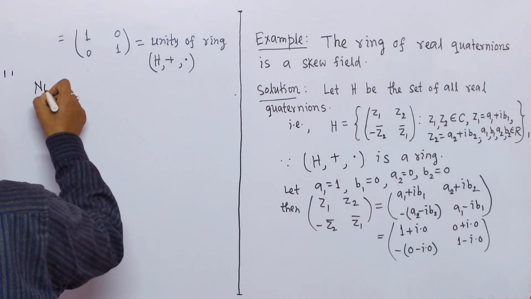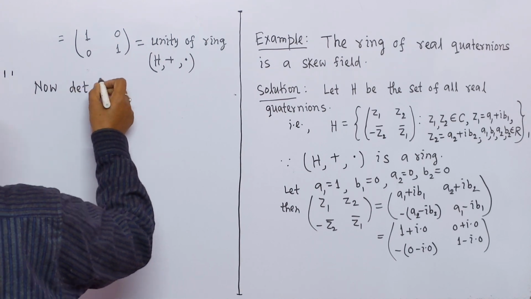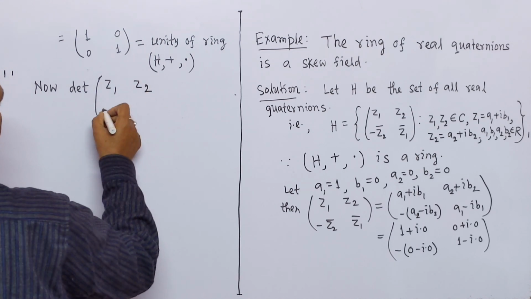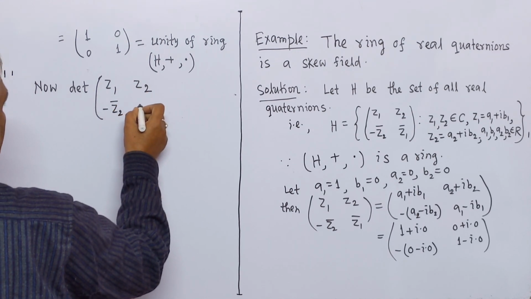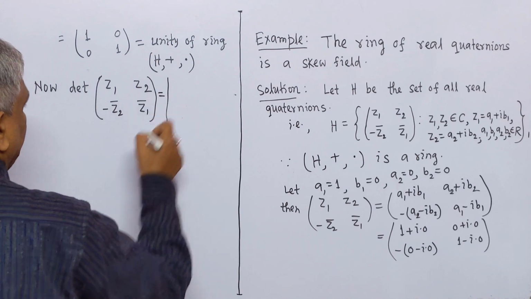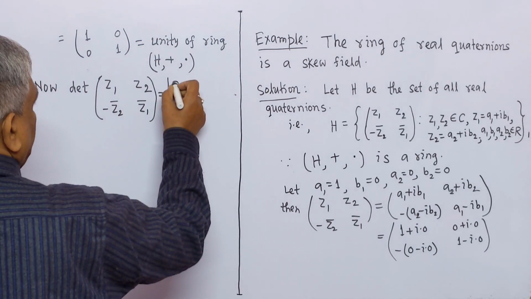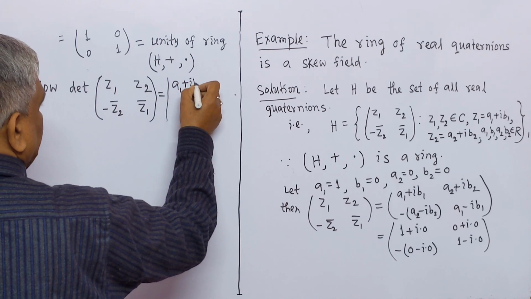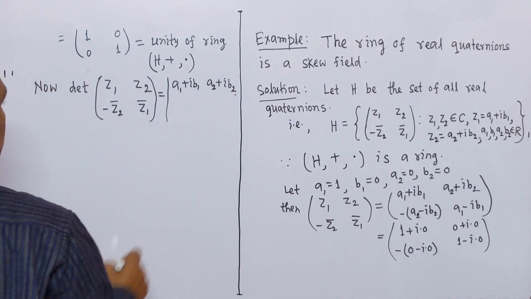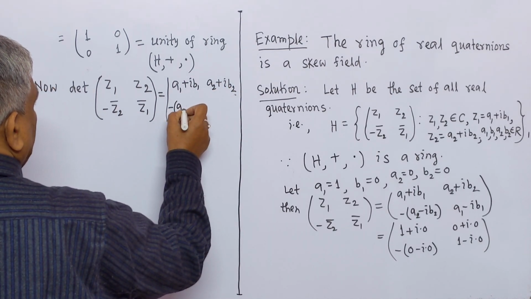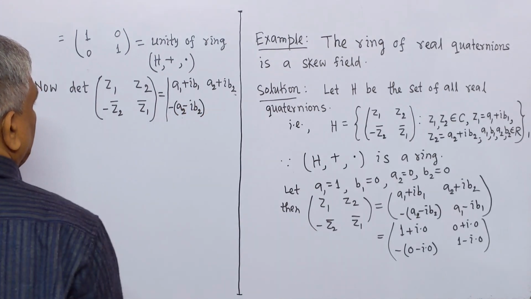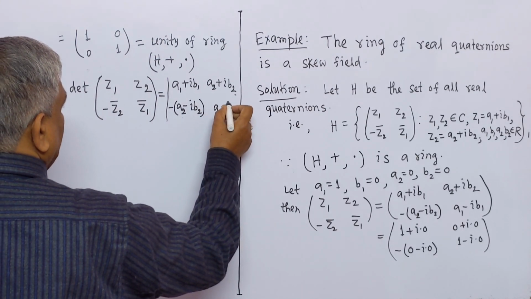Now, the determinant of the matrix Z1, Z2, minus Z2 bar, Z1 bar equals the determinant of A1 + iB1, A2 + iB2, minus A2 minus iB2, A1 minus iB1.